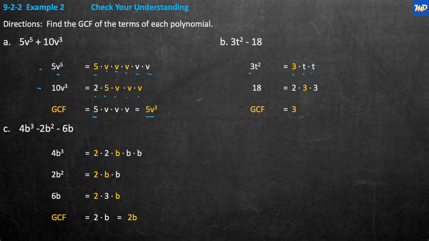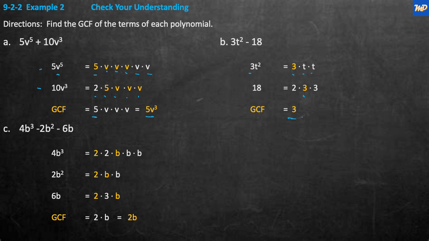And then 2 doesn't go into 9, but 3 does. 3 goes into 9 3 times. 3 goes into itself 1 time. So the prime factors are 2, 3, and 3. So what's common to both of these terms is the single 3, both of them have at least 1 3. Okay, so the greatest common factor here is 3.